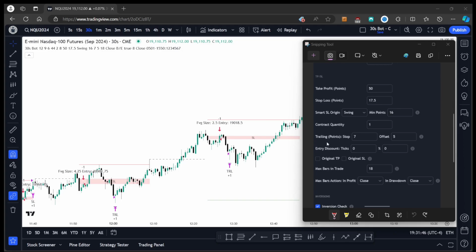Then we have the trailing stop loss, which is first we have the stop setting, which determines after how many points the stop loss is initiated. And the offset indicates by how many points the trailing offset is going to trail the current price. Now, the offset is a fairly tricky setting, especially when it comes to backtesting, because when you're dealing with historical bars, TradingView doesn't do a very good job of simulating the trailing result.